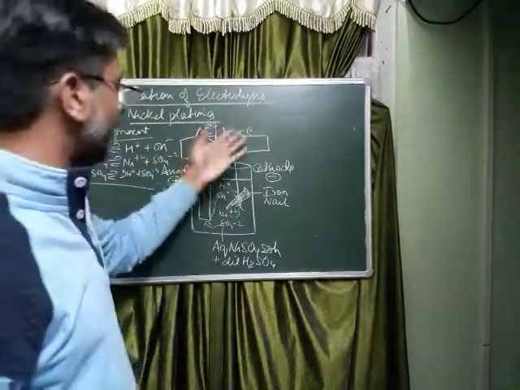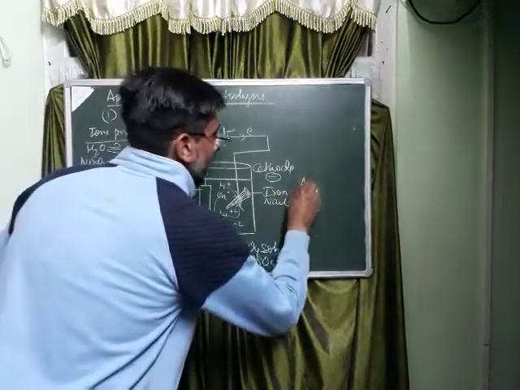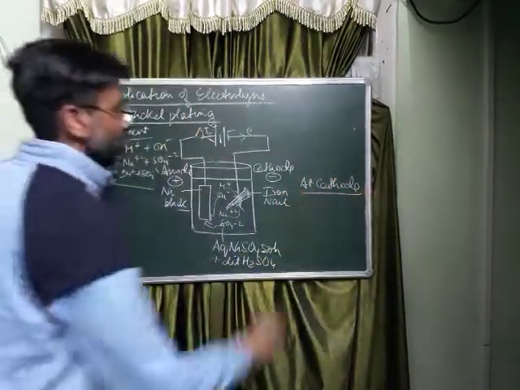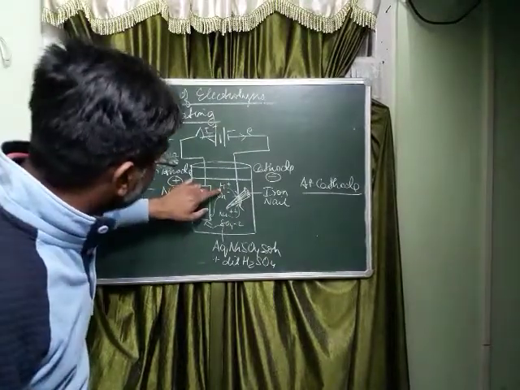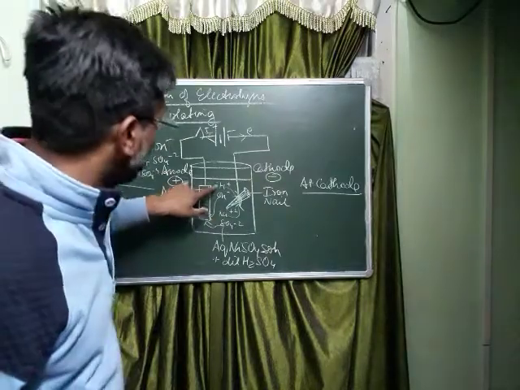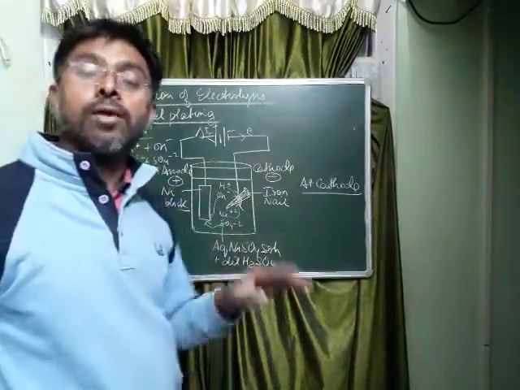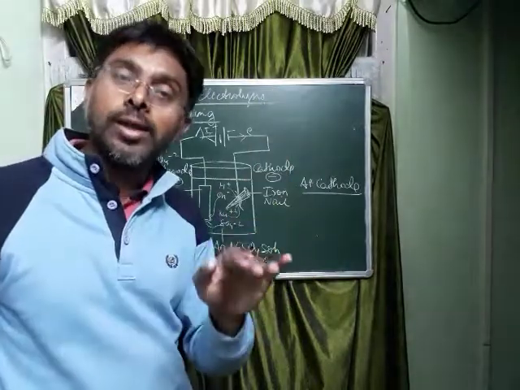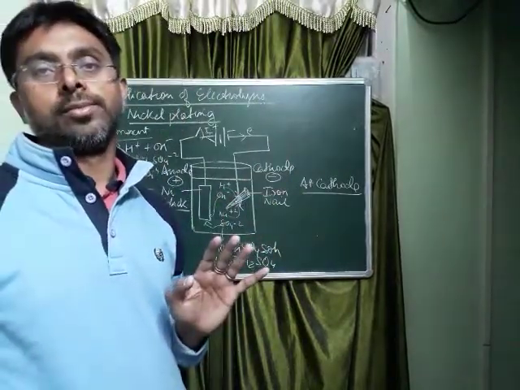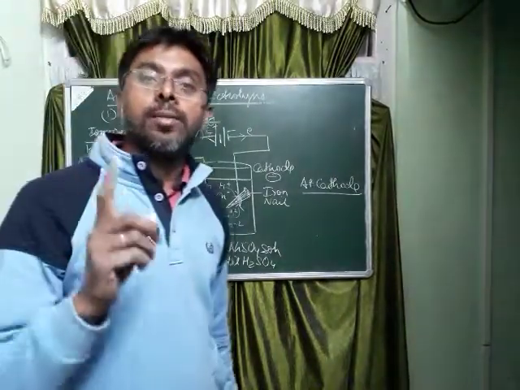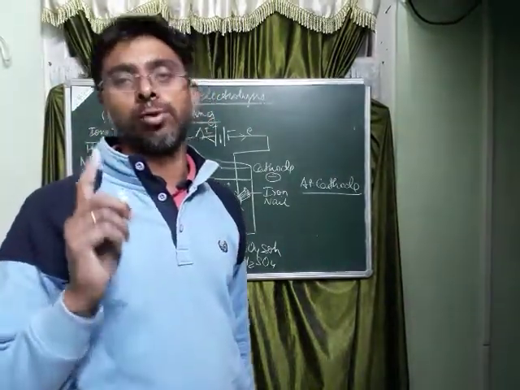Now first, what happens at the cathode? Between hydrogen and nickel, let me tell you, the position of nickel is supposed to be lower than the position of hydrogen. You will not find the position of nickel in the electrochemical series in your class 10 textbooks.